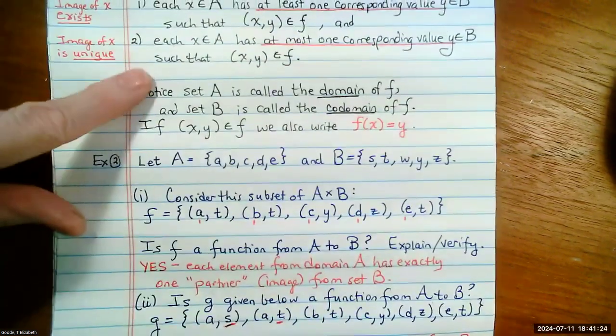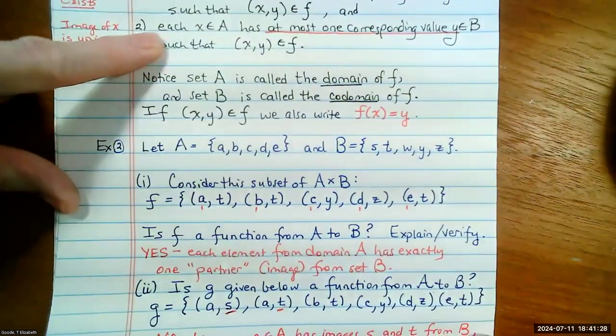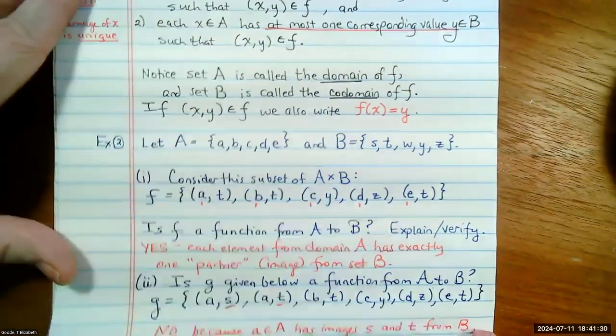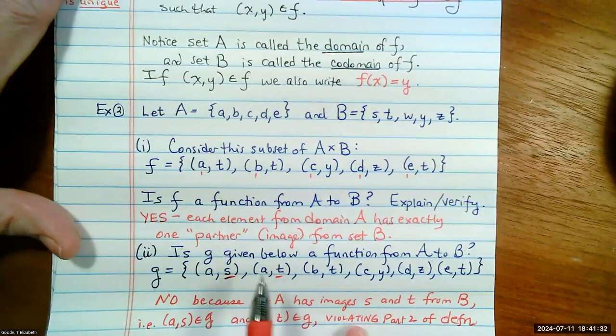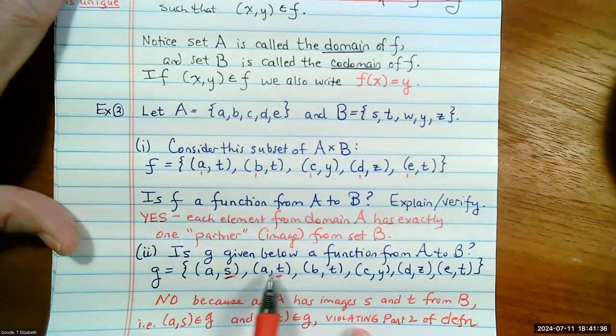Because part 2 says the image, the y, has to be unique, that each element in the domain has to have just one partner, and a is paired up with two different elements.